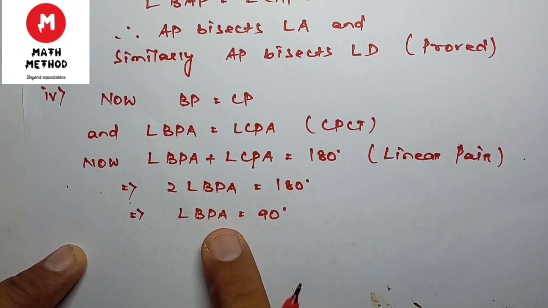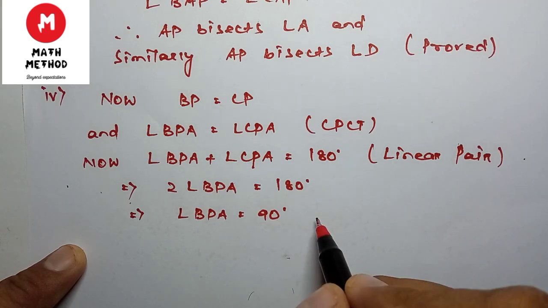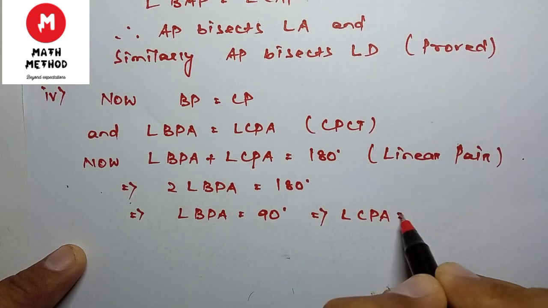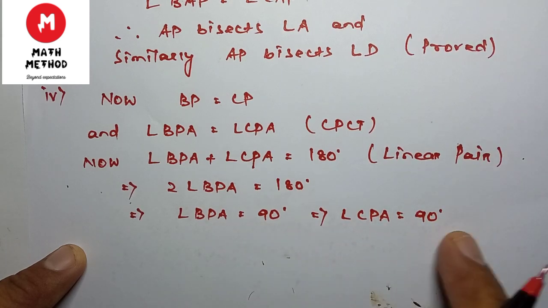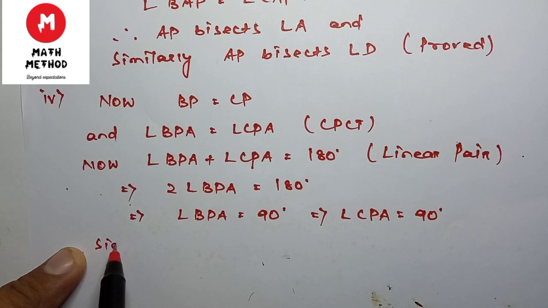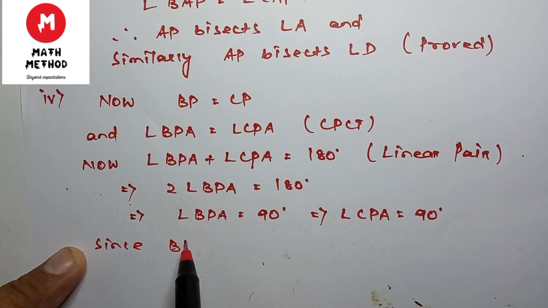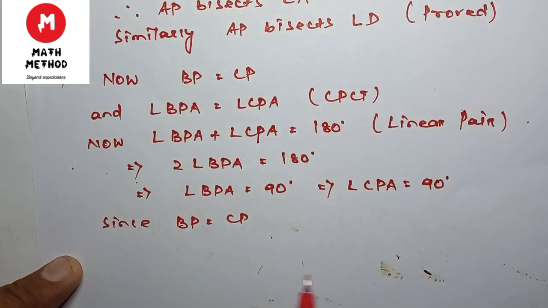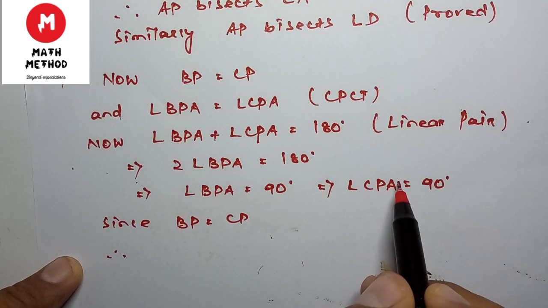So if angle BPA is equals to 90 degree, implies angle CPA is also equals to 90 degree, because both are same. Since BP is equals to CP, therefore both angles are 90 degree.